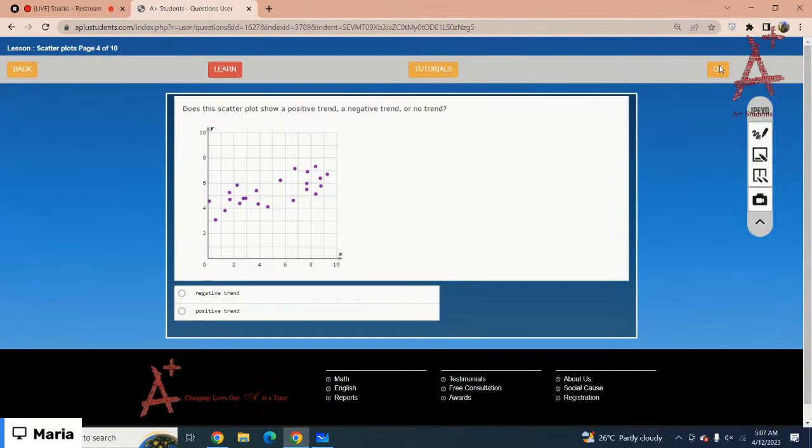Does the scatter plot show a positive trend, a negative trend, or no trend? You can see as the x values are increasing, y values are also increasing. Got it? That means the graph shows a positive trend. Got it? It would be the positive trend.